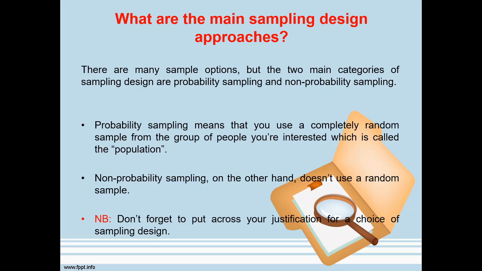Note here, don't forget to put across your justification for your choice of sampling design. For instance, if you are not able to use probability sampling and you want to go ahead with non-probability sampling, as in the case I gave, you want to undertake a study on Uber drivers, how they are treating or the satisfaction level of customers who pick Uber cars.